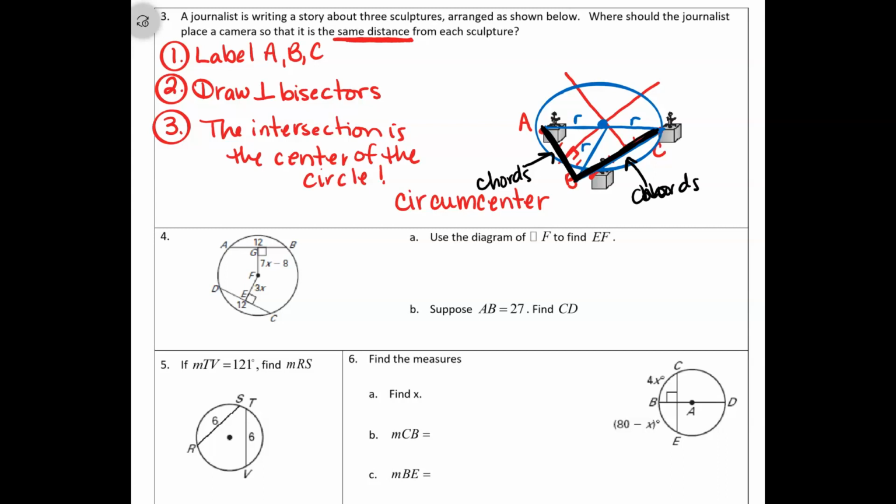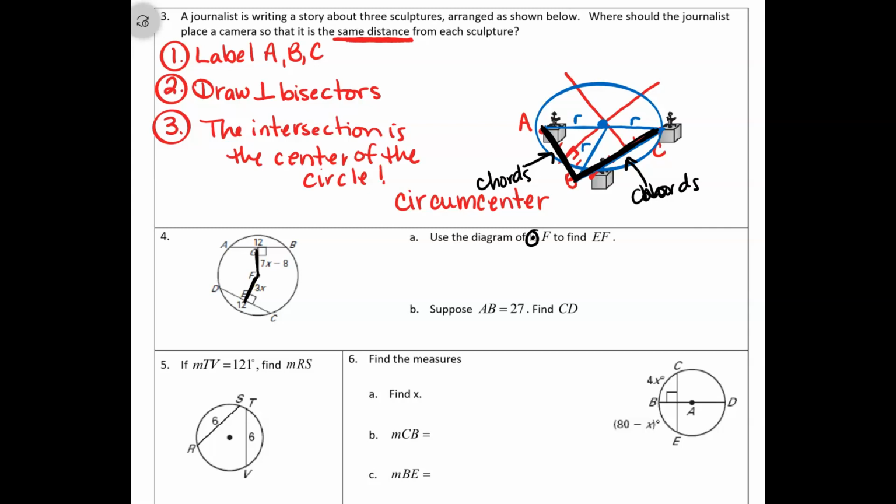Now, moving on to number 4, we have a picture of a circle. It's kind of busy, and it says use the diagram of circle F to find EF. So let's identify where EF is. It's right there. And if you'll recall a theorem that we did in the previous video, theorem 10.6, it said the 2 chords will be congruent if they are equidistant from the center of the circle.